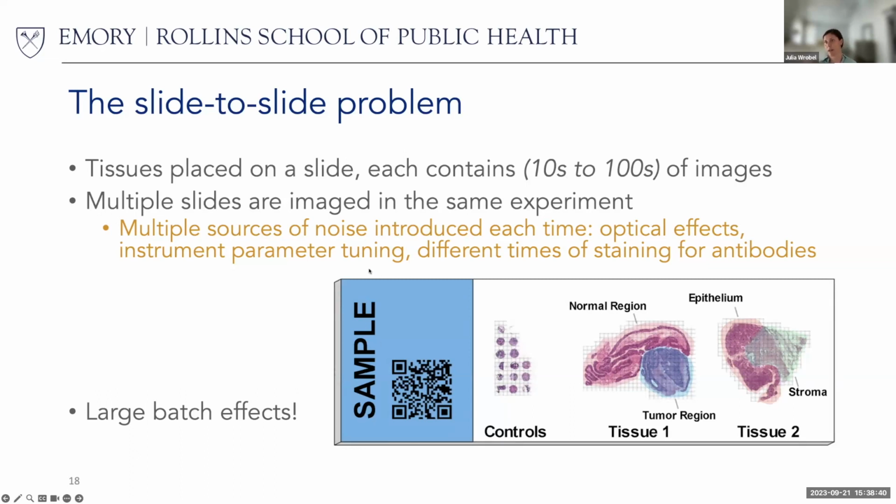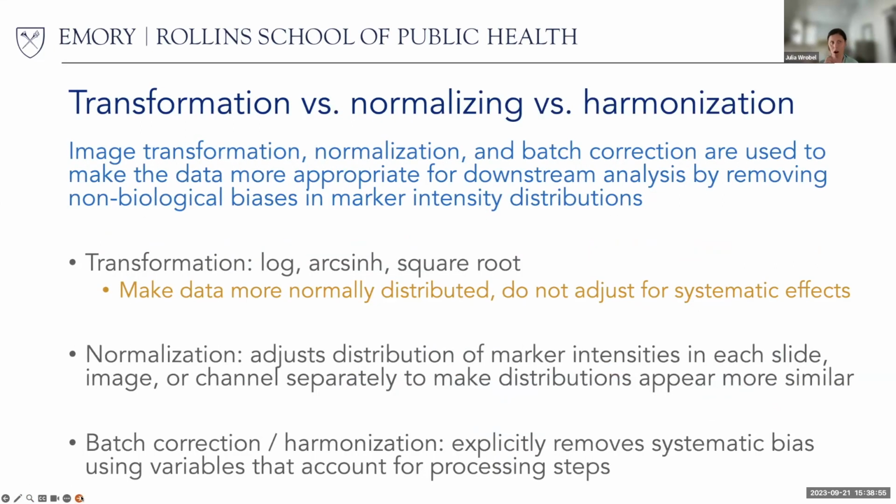Batch effects is a common term in the larger genomic literature for describing non-biological effects due to different experimental batches. There are a couple of different classes of techniques, transformation, normalization, and harmonization, meant to correct for batch effects in imaging data by adjusting intensities to remove those technical artifacts.